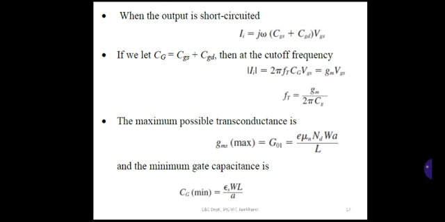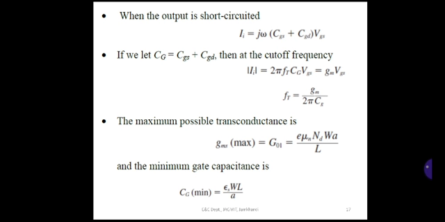Now if we let CG equal to CGS plus CGD, then at the cutoff frequency, the magnitude of Ii is equal to, as we know omega is nothing but 2 pi f. Here f is the cutoff frequency, that is Ft.